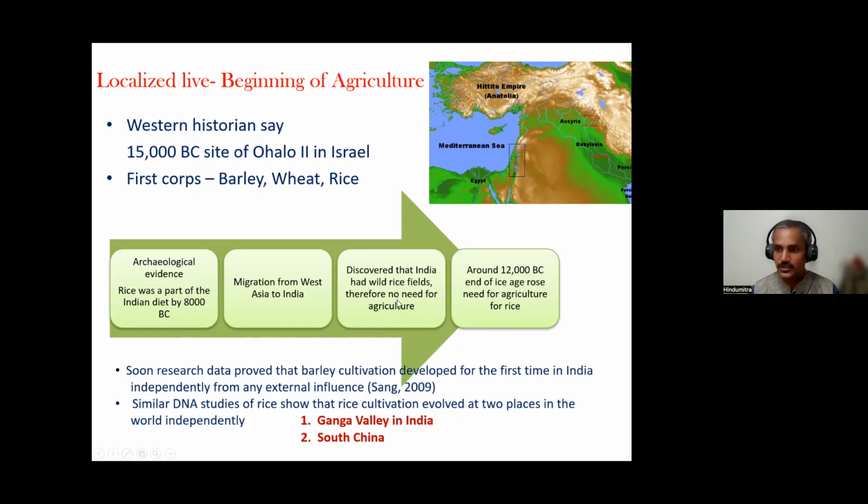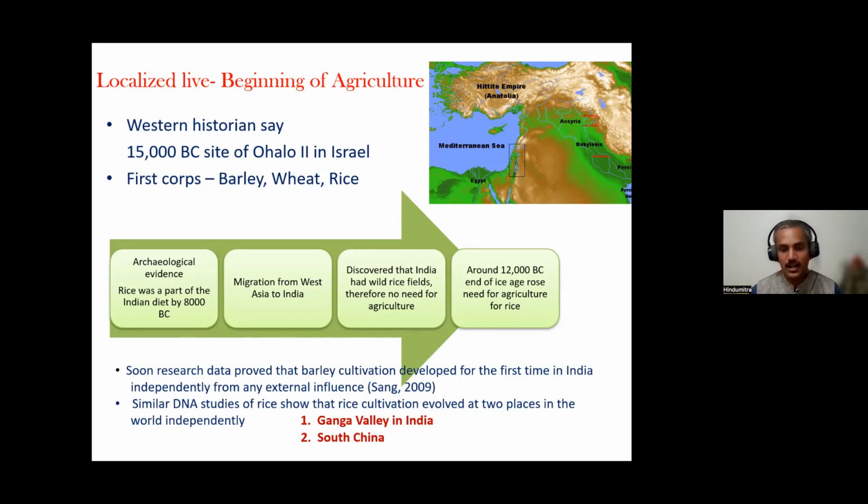And it is found that the river plains and river basins were so rich in India in the remote past that we did not need to do rice agriculture. The rice fields were plentiful and growing wild in the whole of the river basins.